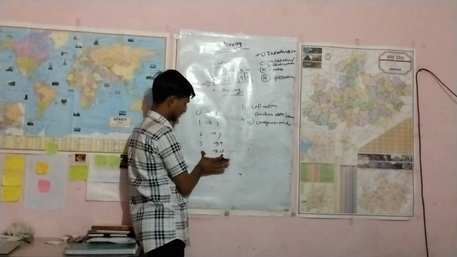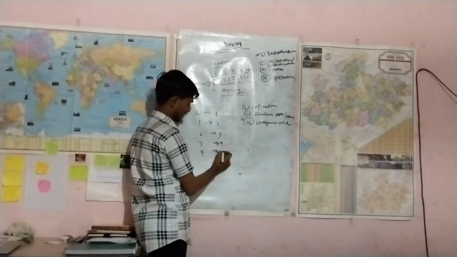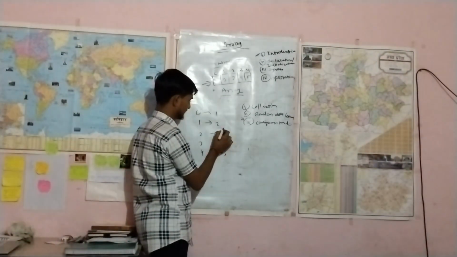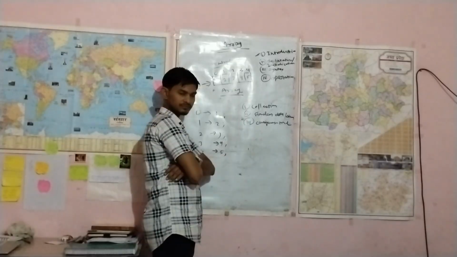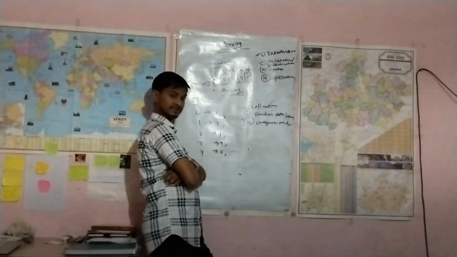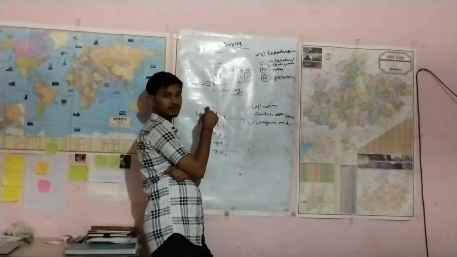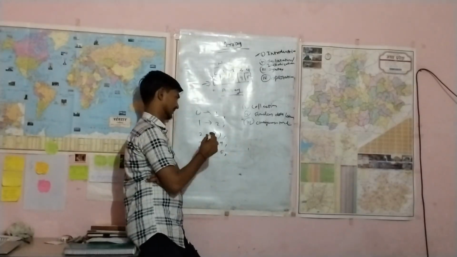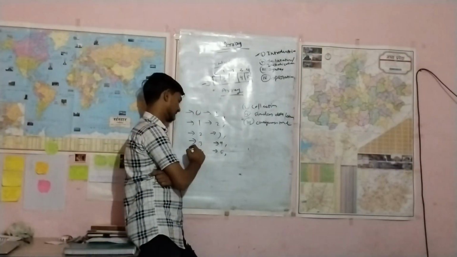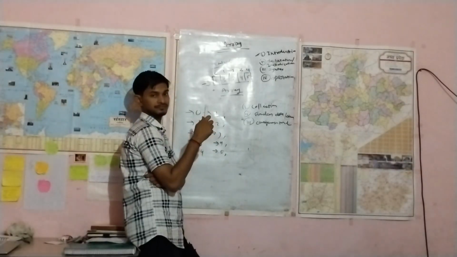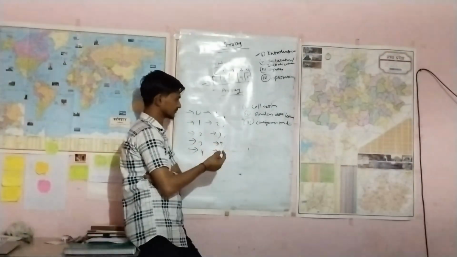At index 3 we have stored 4, and at index 4 we have stored 5. As you can see clearly here, we are storing the values in contiguous memory allocation. We start with index 0, then index 1, then index 2, then index 3, and then index 4.